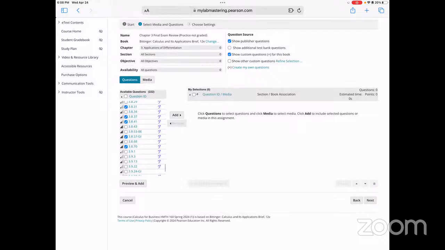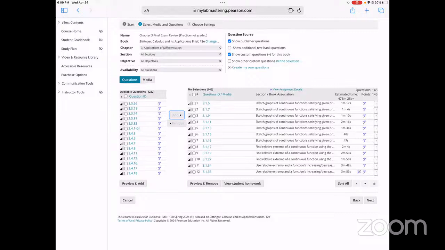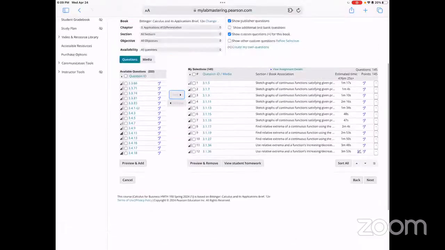Let's do another pass. Come on, guys. I know this is close. Let's try this. There we go. 145. Okay, that's good. Okay, so that's chapter 3. We'll work on this one next week. And let me go ahead and do one more, and then we'll get started.